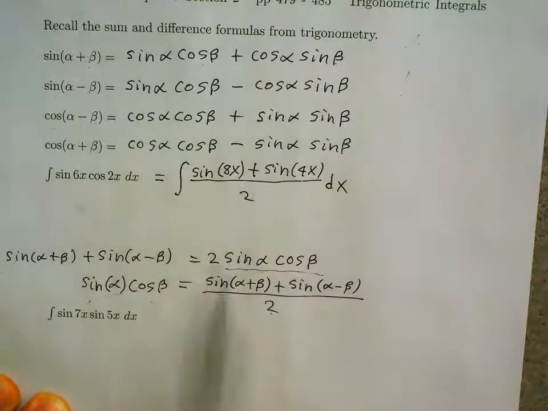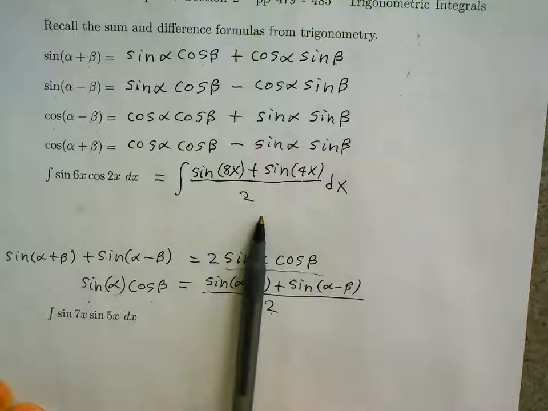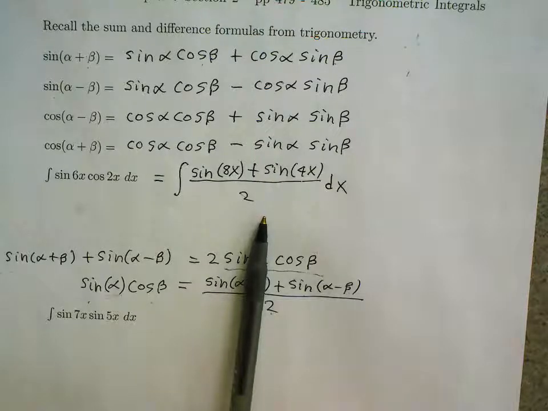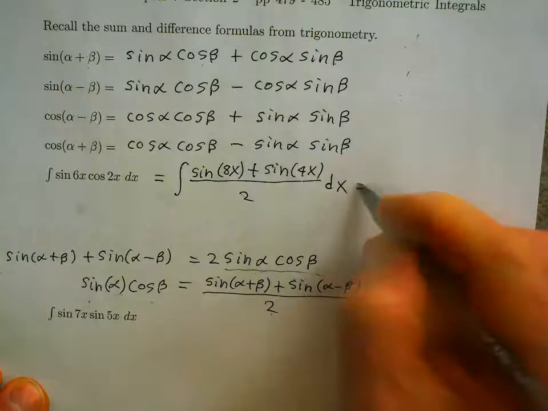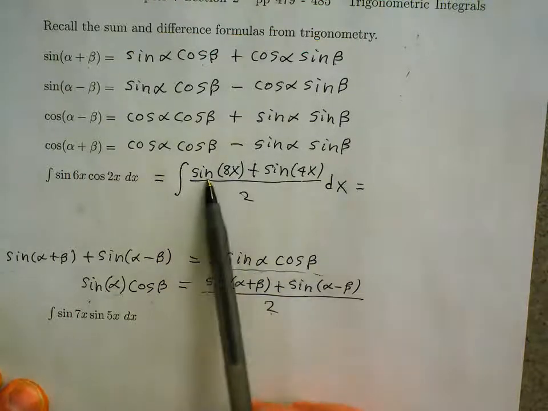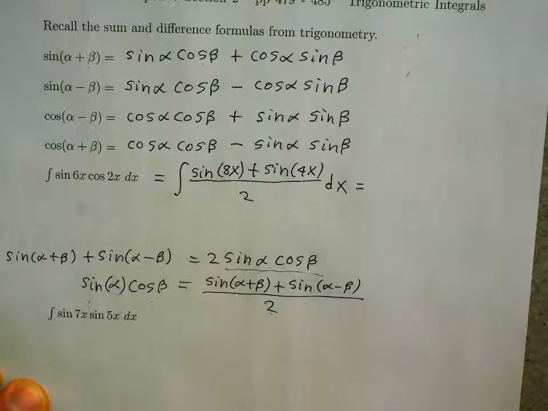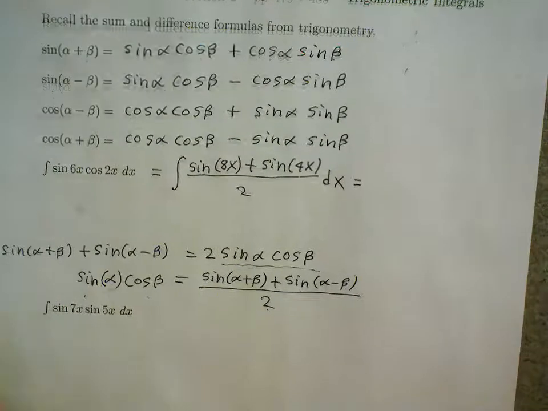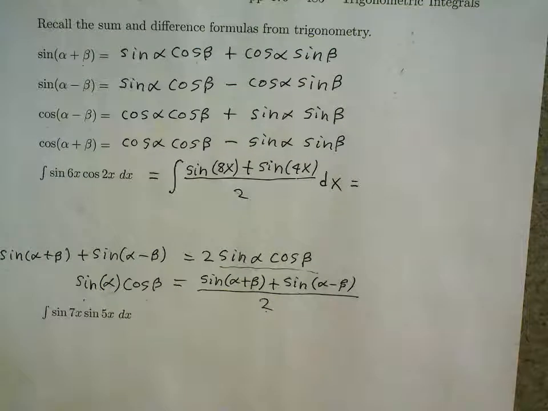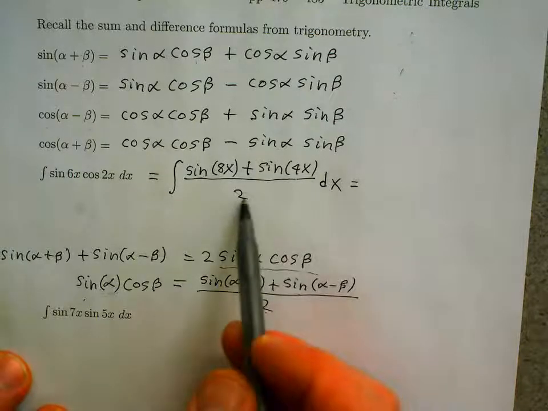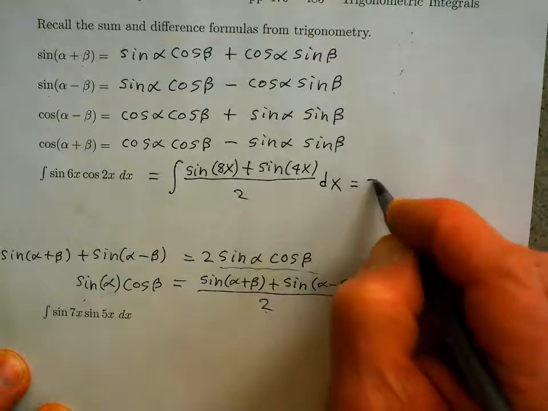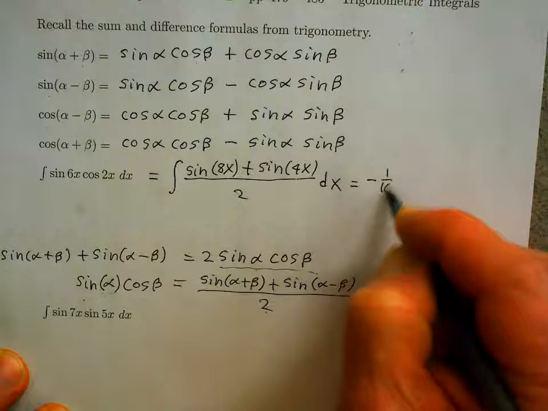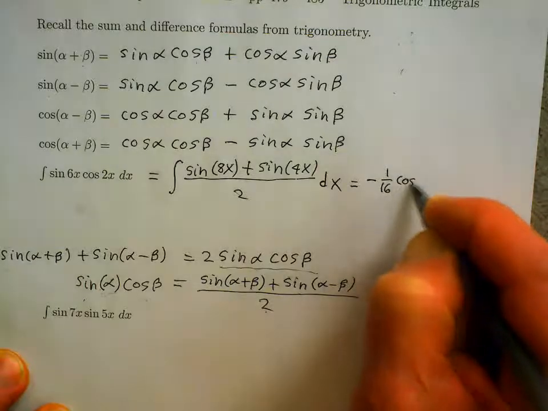And now we have a fairly simple indefinite integral to evaluate. So the antiderivative of sine of 8x is negative 1/8 cosine of 8x. And then we multiply that by 1/2, so we get negative 1/16 cosine of 8x.